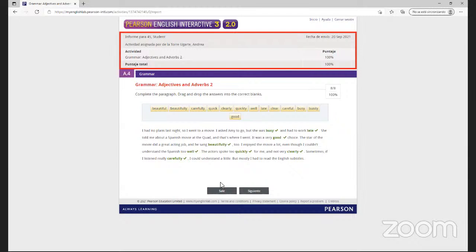Yeah, for example, in the vocabulary part and in the listening, you are going to practice more about this part. If you have any other doubt while you are working on the other assignments, try to read and translate, and please tell me.